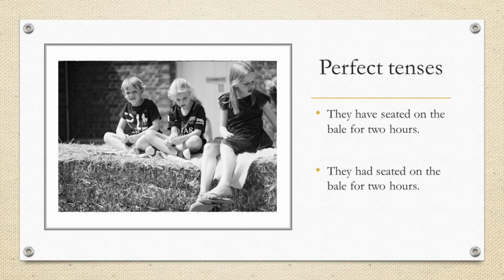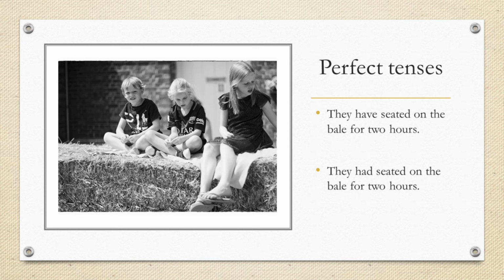Okay, let's see these examples. They have seated on the bale for 2 hours. And we can also say they had seated on the bale for 2 hours. This is present perfect, and the second one is past perfect. So if I want to use present perfect, it's something that is happening in a close time to now.